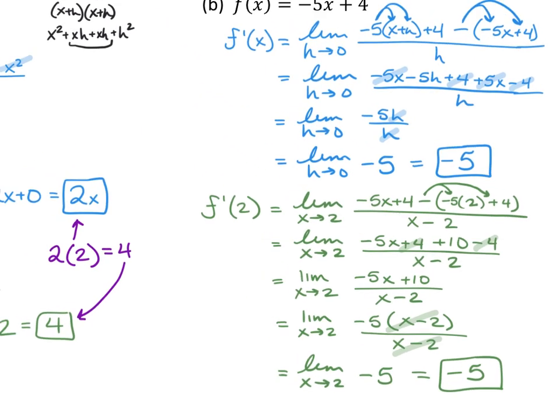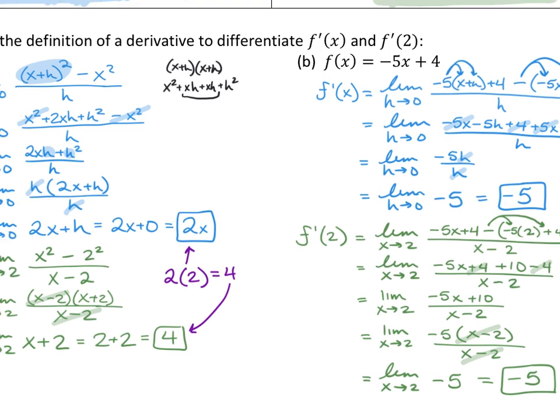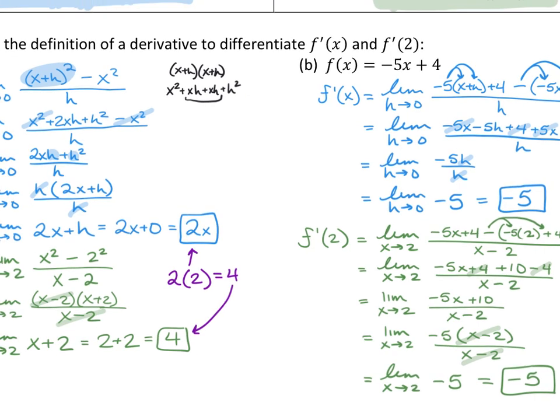So the definition of a derivative, yes, is a bunch of algebra to work with, but it's all algebra you know how to do. The first few problems on your homework, if you look at your homework for today, the first, I think it's 6 problems, need you to use the definition of the derivative to find the equation of the derivative. That's the blue equation.